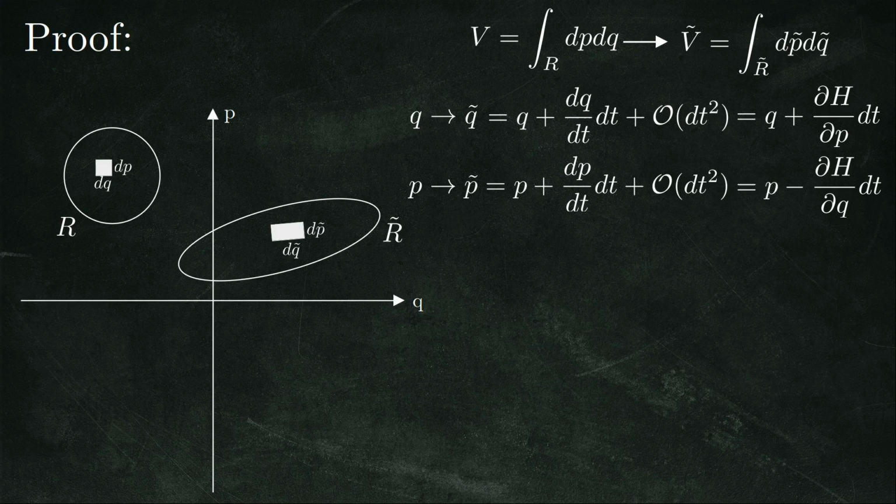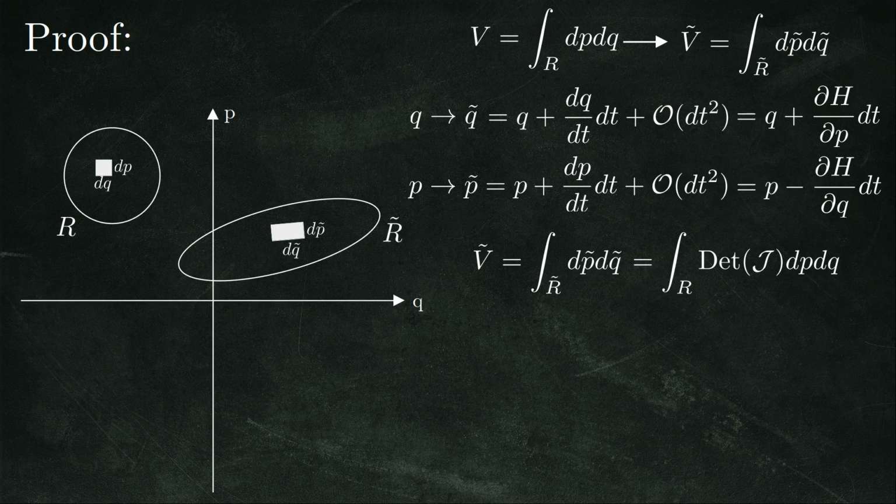Okay, so we can now begin to calculate the volume of the second region. We have our integral, and we can rewrite this in terms of our original coordinates. There's a few parts to this. Firstly, we have the determinant of the Jacobian, and that's expected from normal transformations of coordinates in integrals.